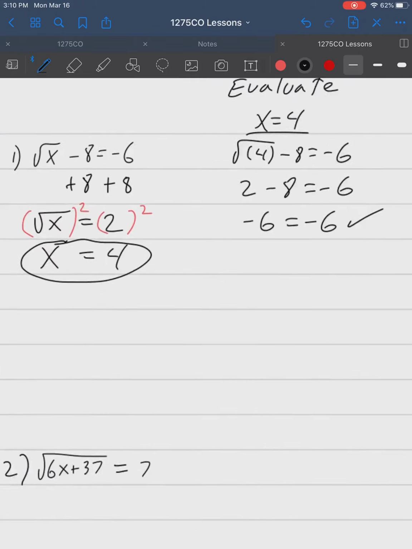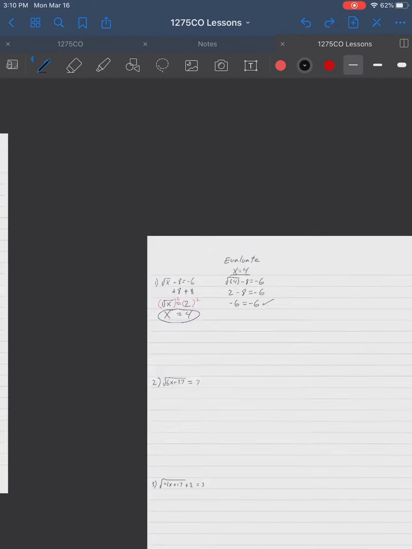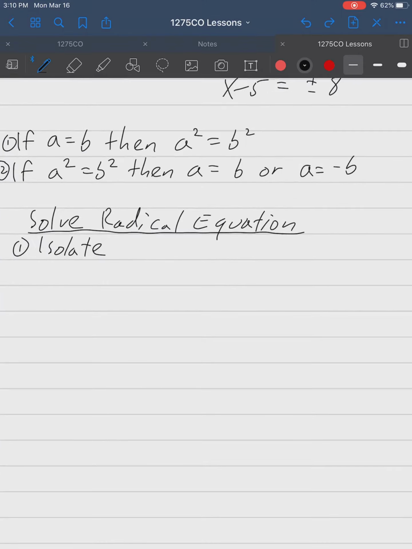The first thing we did was add 8 to both sides. That was the first thing that we did. So isolate the radical is the first step. Sometimes it will be done for you, sometimes it won't be. After the radical is isolated, this is where you can square both sides now.